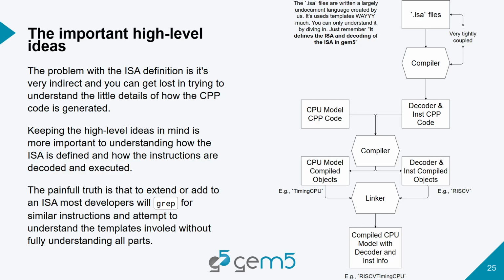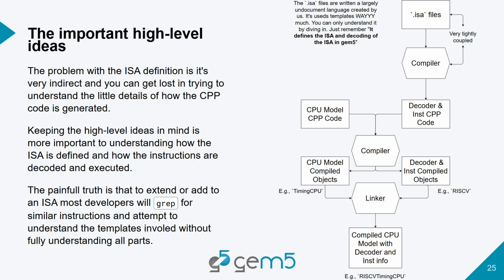The ISA files are parsed by the ISA parser, and then you get the decoder and instruction code. Then our actual compiler compiles them into CPU models. It's a two-part process: the compiler compiles our CPU models and our RISC-V models and links them together to create things like the RISC-V timing CPU, or the RISC-V atomic CPU.